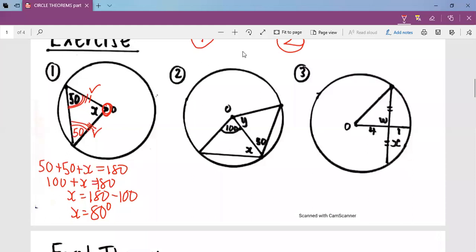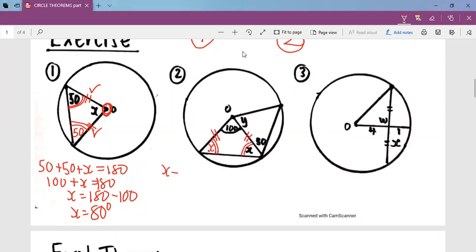Again, question number two, it means this line here, because it's a radius, is equal to that line because it is also a radius. So if this corner here is x, it means even this other corner there will be x.